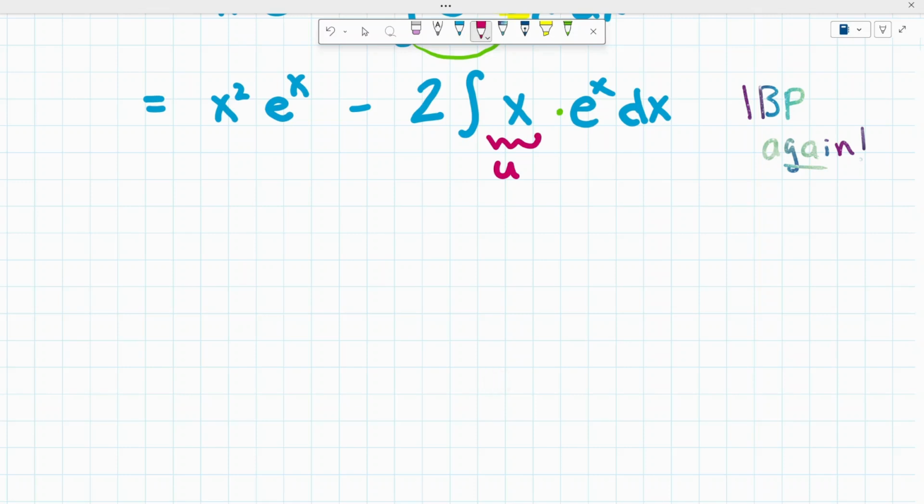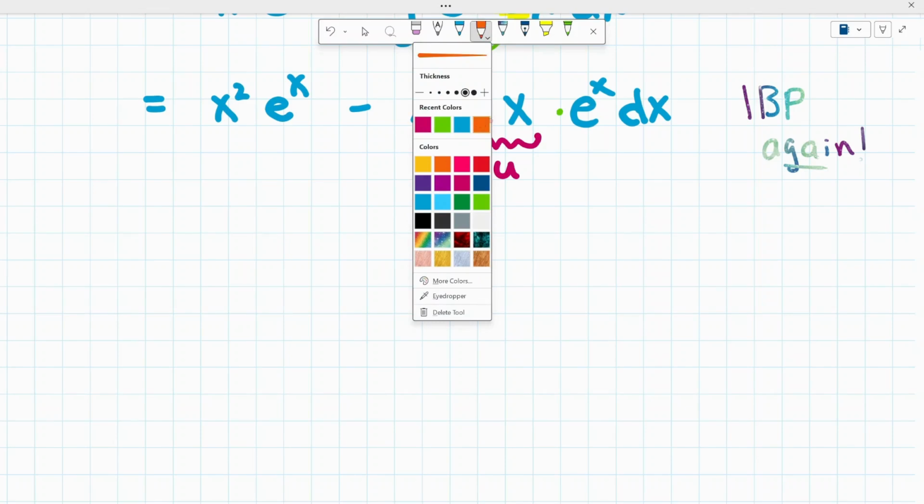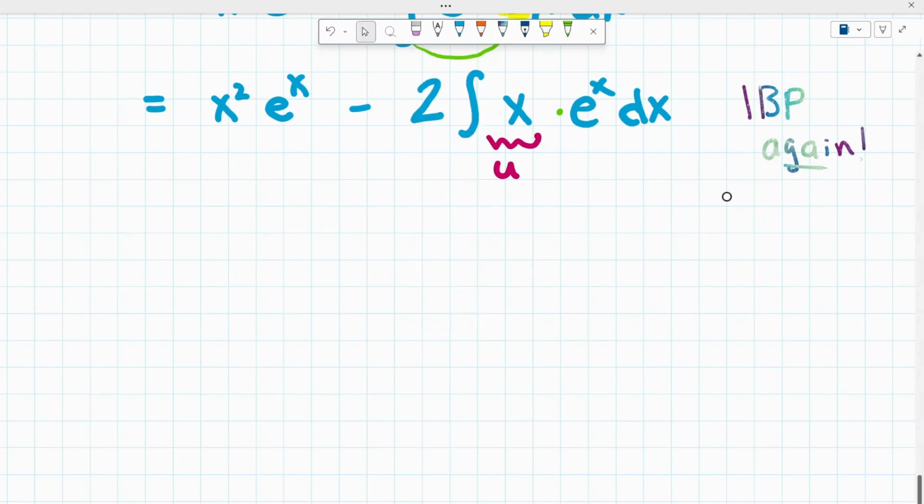if we keep doing it that way. So whenever you have x times e to the x, this is a trick: make x your u and your e to the power of x dx your dv. And that will allow integration by parts to work its magic. Okay, so let's make a summary list.